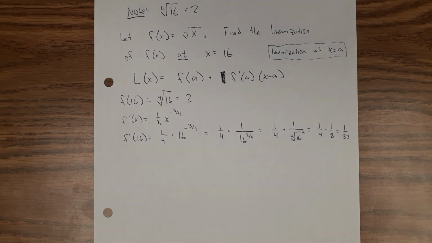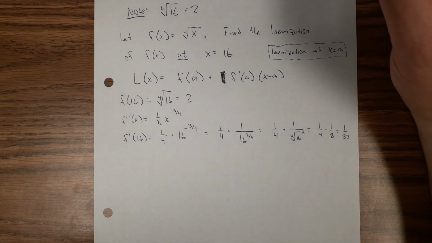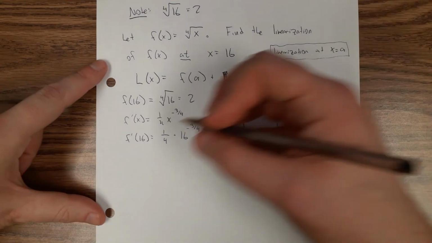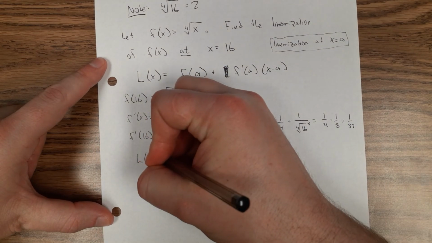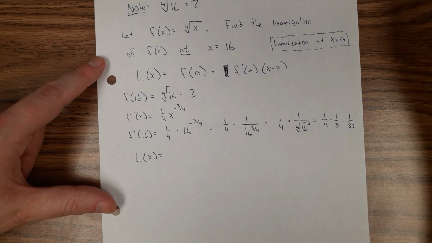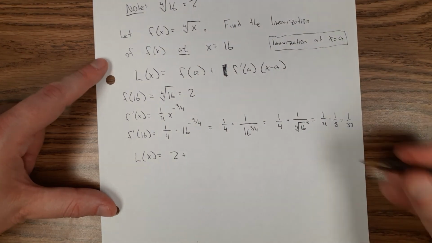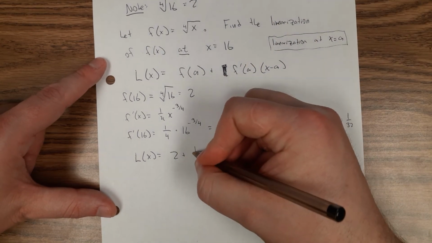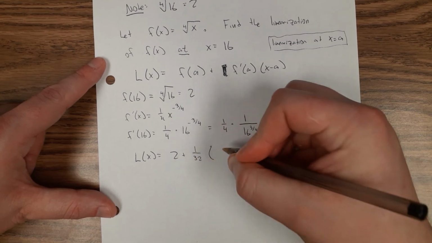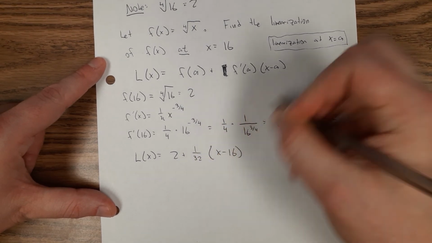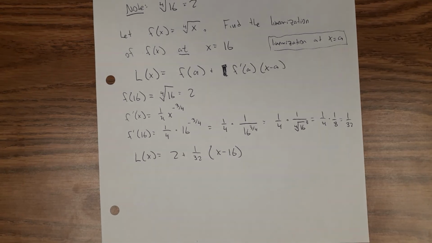It's 1 over 32. Okay. So L of x is 2 plus 1 over 32 times x minus 16, because a was 16.